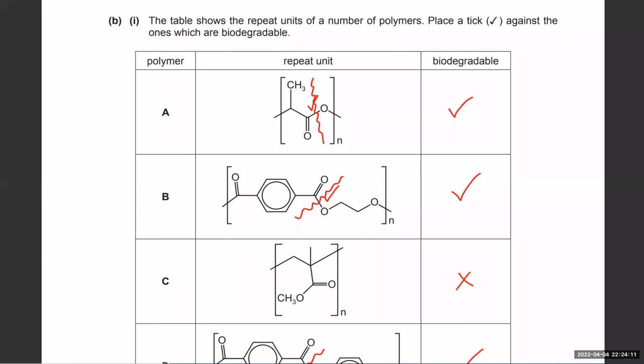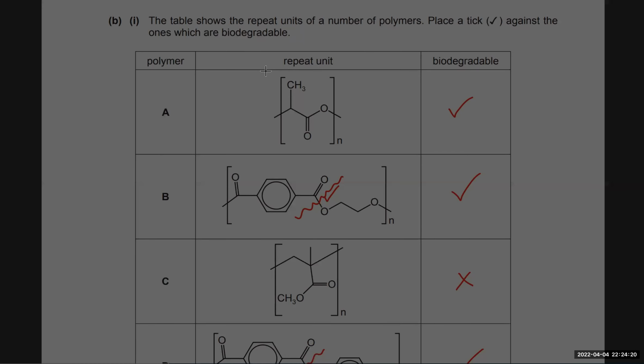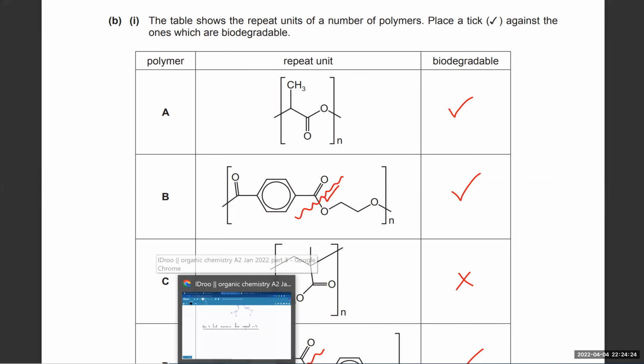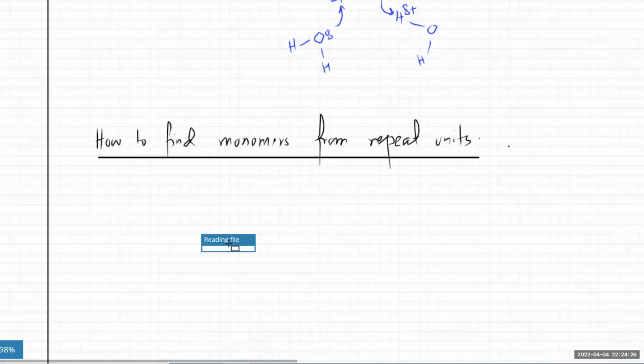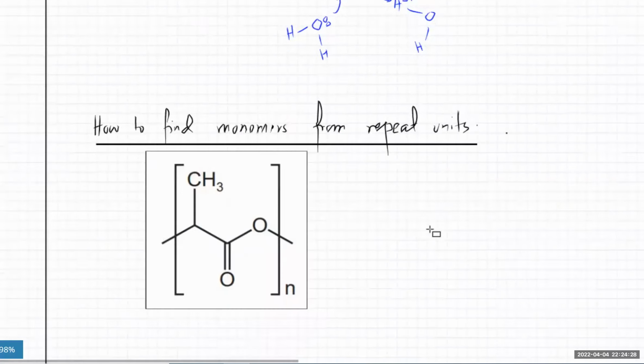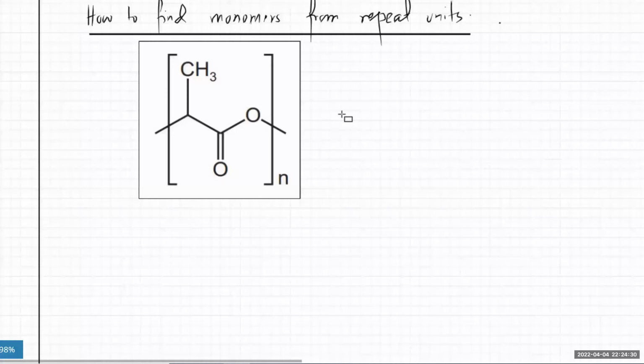So for example, in this question, they didn't actually ask you to do that, but they gave me a repeat unit of a polyester. This is definitely a polyester because it's got an ester link. So if I go back and put it over here, I want to find out what are the two monomers for this molecule. How do I know what the monomers are?